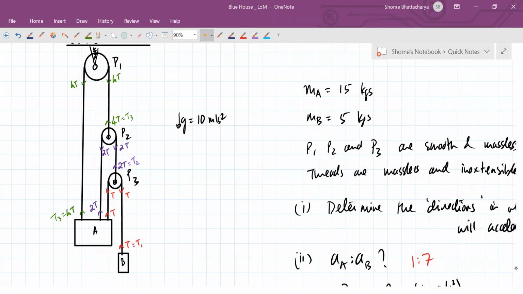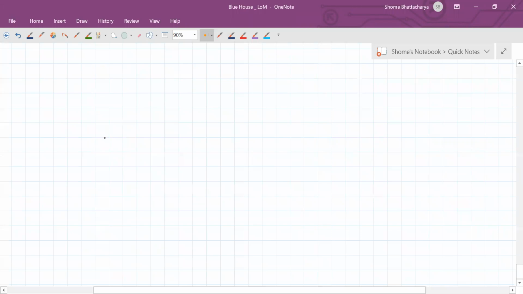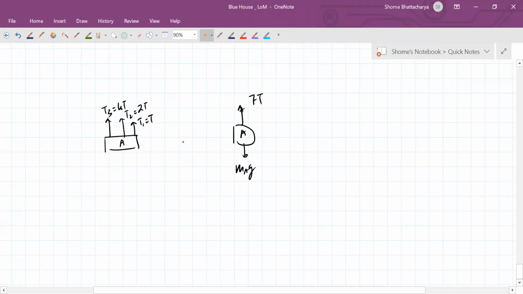Okay, so now if you look at the individual free body diagrams of A and B, you will see that on the block A, the tension acting is T3, which is 4T, plus T2, which is 2T, plus T1, which is T. So the total tension acting upwards is 7T on A. And on the block B, on the other hand, the tension acting is T. Okay.